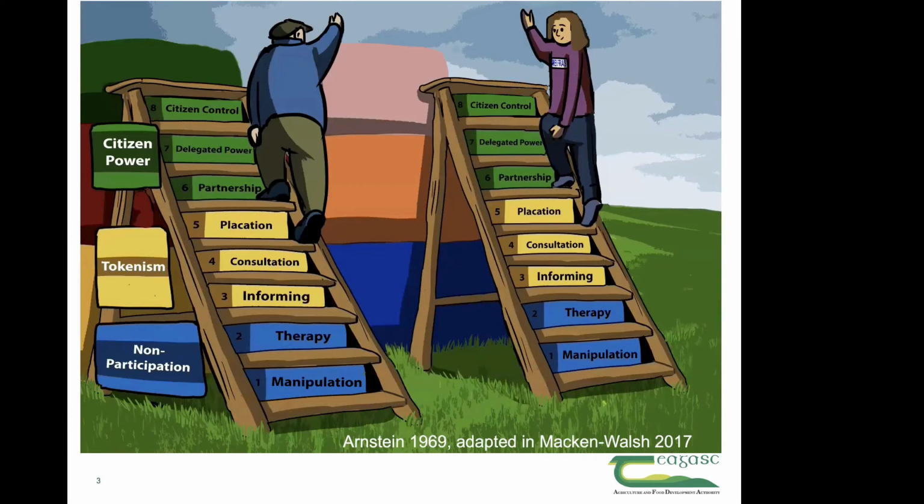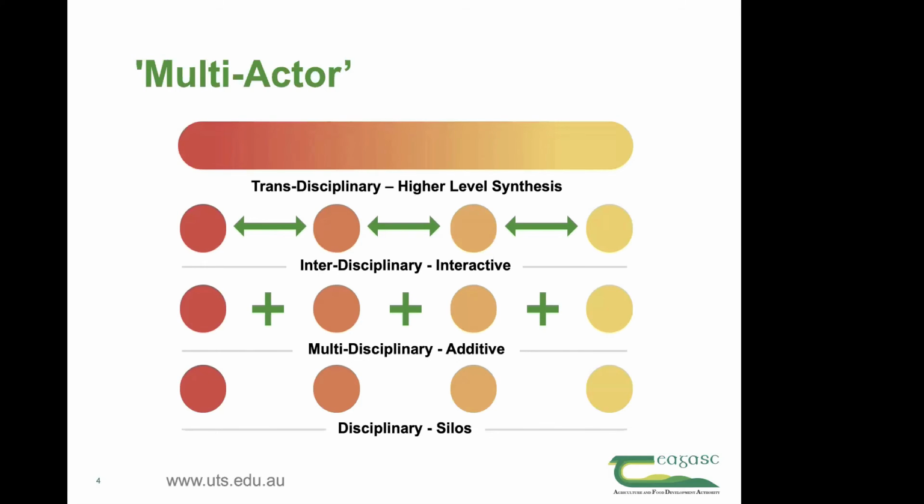The multi-actor rule means that we must go beyond consulting with people and instead work in genuine partnership with people. We are moving away from the bottom of this diagram, where we add different perspectives to each other or layer them on each other.